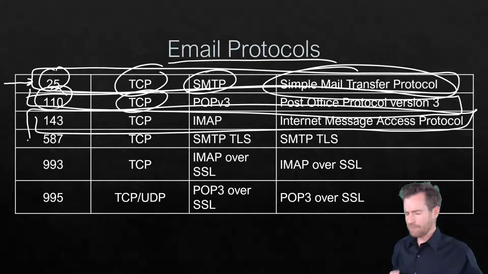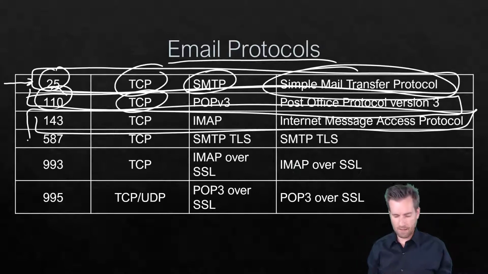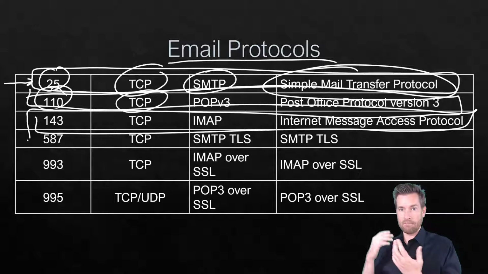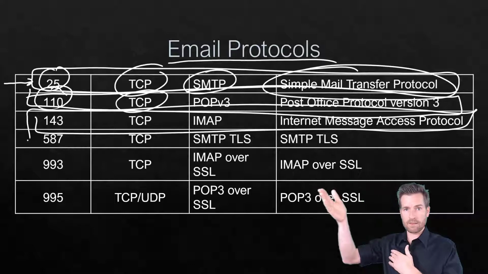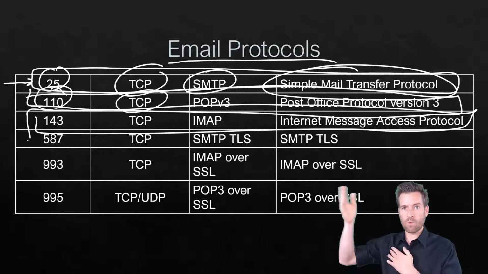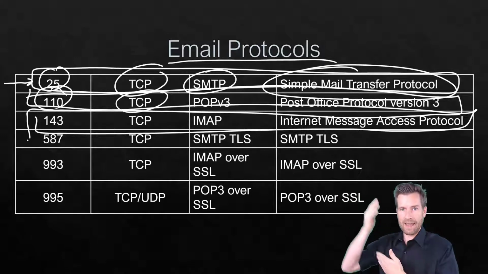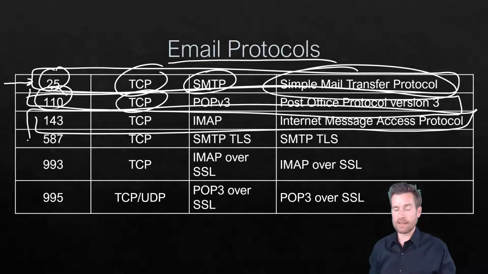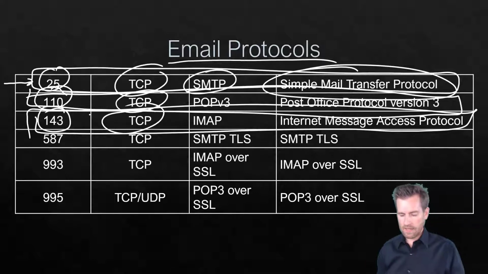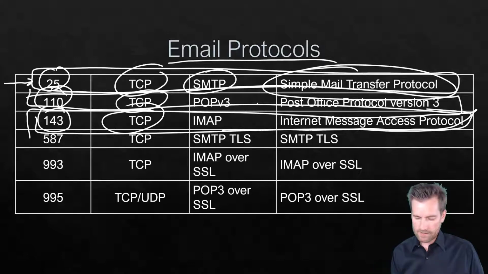But POP3 is not really considered very dynamic, whereas an IMAP connection gives you a lot more functionality, and it creates a much more dynamic conversation between what's on the server and what's on the local client. So when you update one, it will update the other. That is found on port 143. It's a TCP connection, and that's the Internet Message Access Protocol.